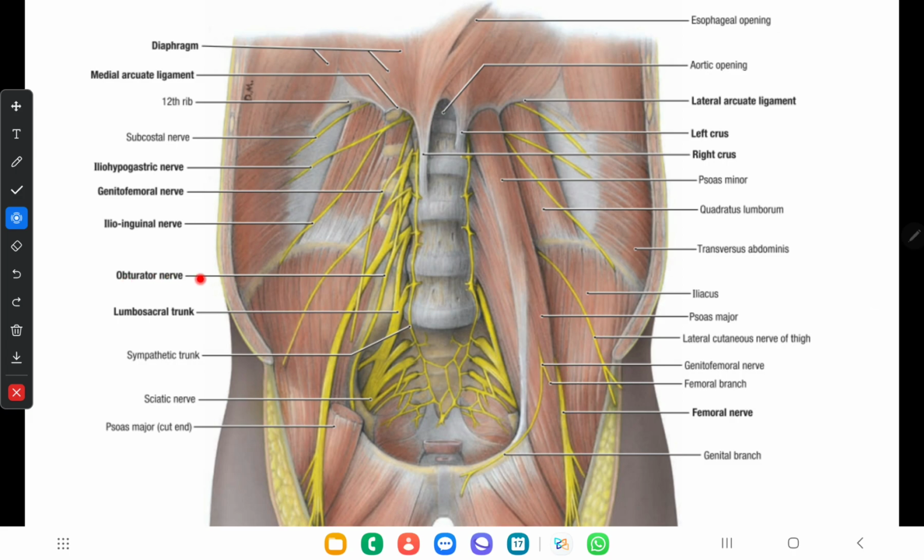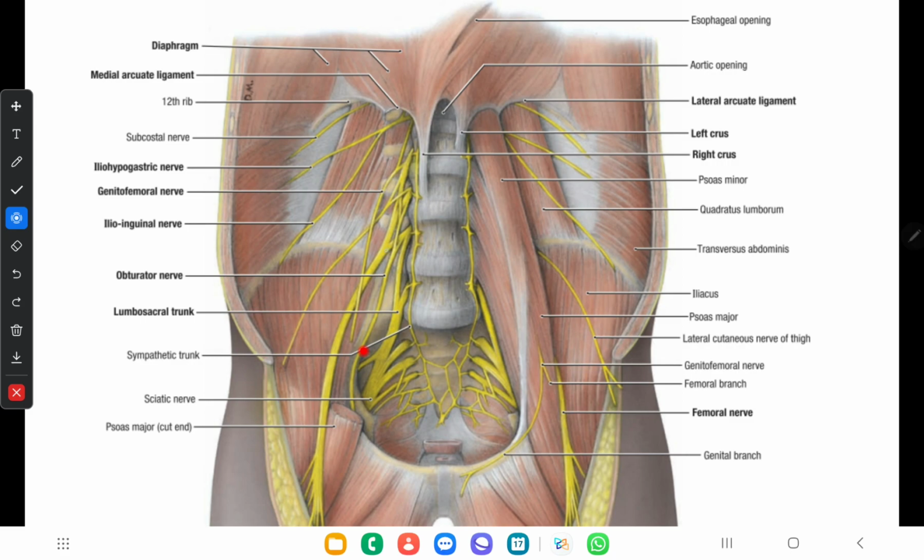Then here you can see the obturator nerve. The obturator nerve emerges from the medial border of the psoas major muscle. In this side you cannot see the obturator nerve; after removing the muscle, you can see it like this.